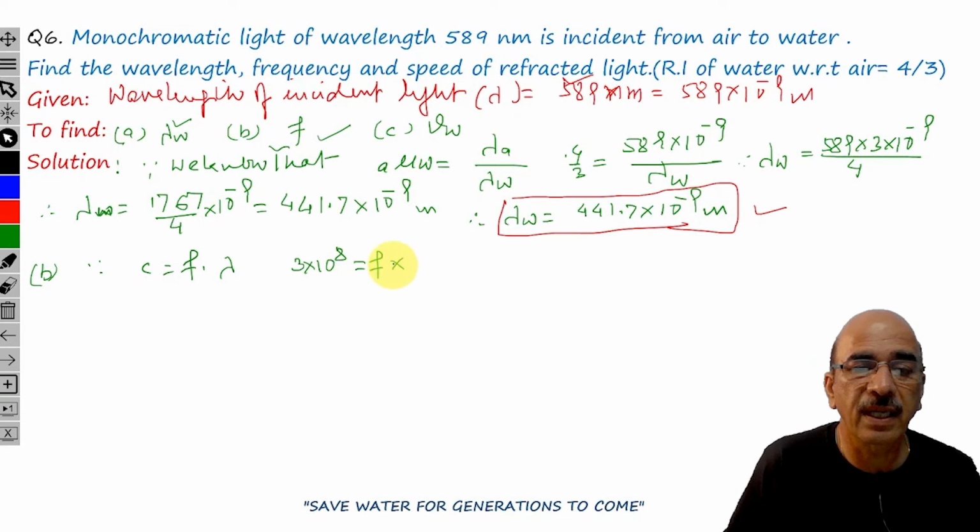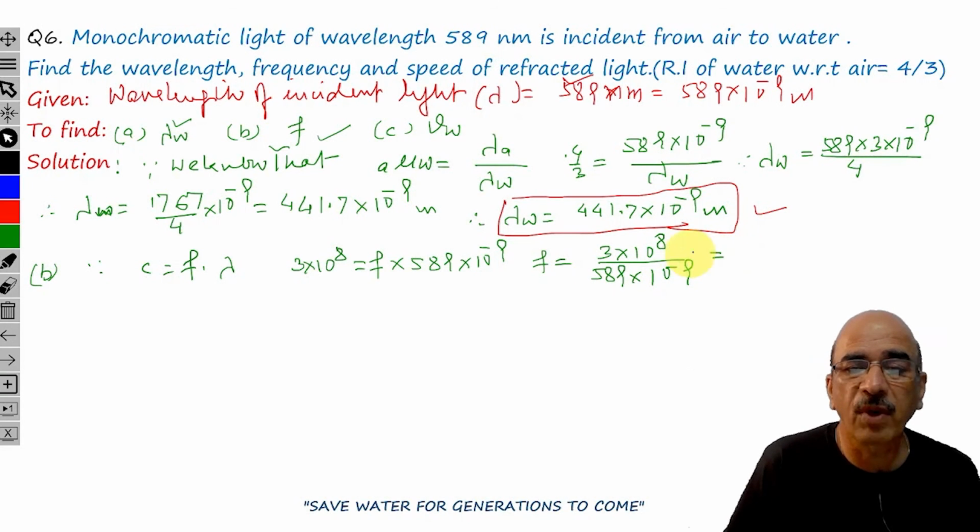We have to find frequency. Wavelength of light is 589, so it will be 589 into 10 raised to minus 9, and frequency we will find, so it will be 3 into 10 raised to 8 upon 589 into 10 raised to minus 9.